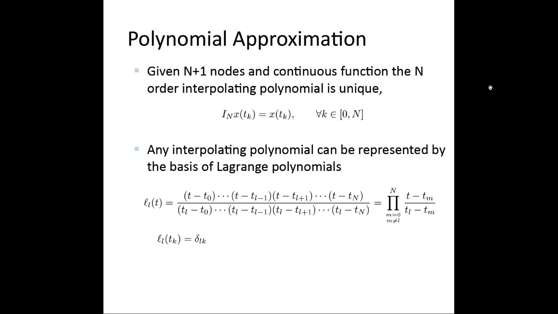So given n plus 1 nodes that sample a function, the nth order interpolating polynomial is unique. We denote this as I sub n acting on x, and I sub n acting on x, evaluated at the n plus 1 interpolating nodes tk, is equal to that function value at tk.